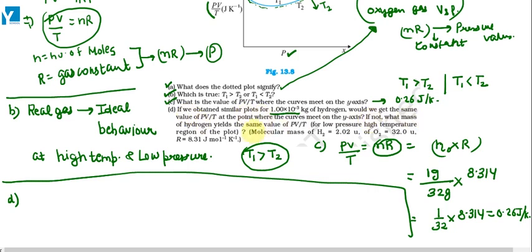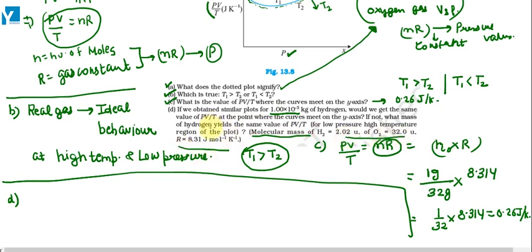If not, what mass of hydrogen yields the same value of PV by T for low pressure, high temperature region of plot? Molecular mass of H2 is 2.02 u, of O2 is equal to 32 u. So these are the values given to us to utilize in the question.